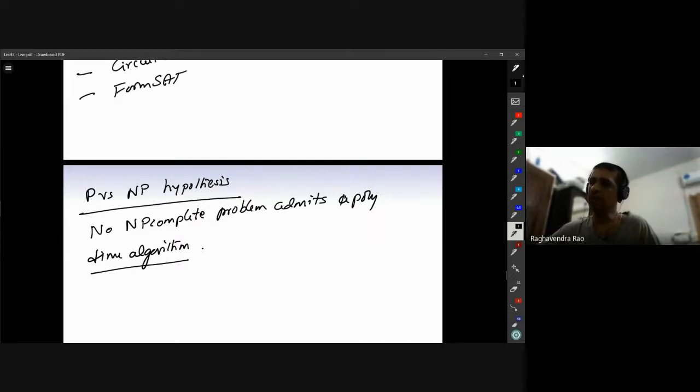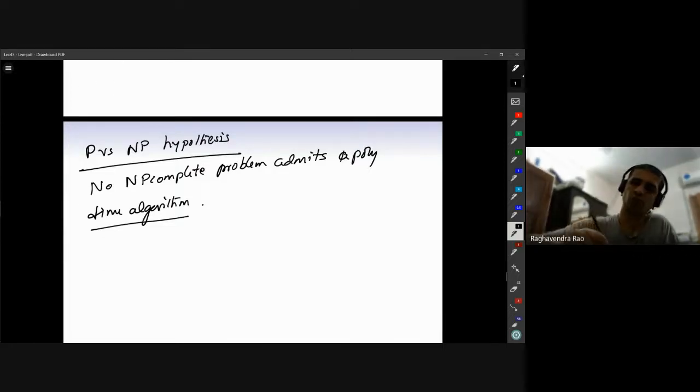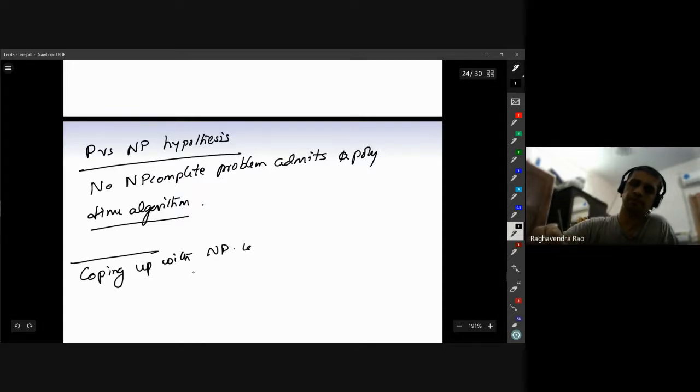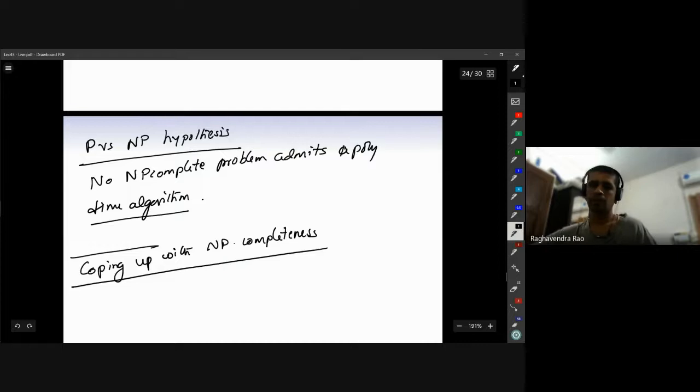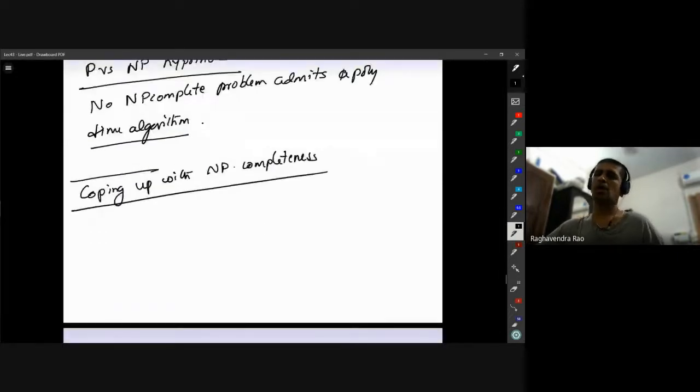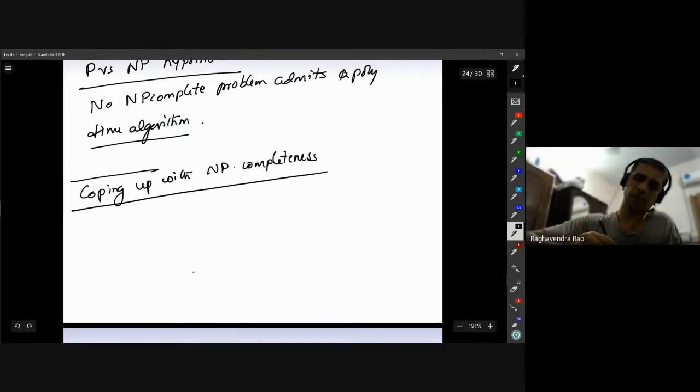So people, particularly the algorithms community, have devised ways of coping with NP completeness. Maybe you don't want an exact solution, what you want would be an approximate solution.